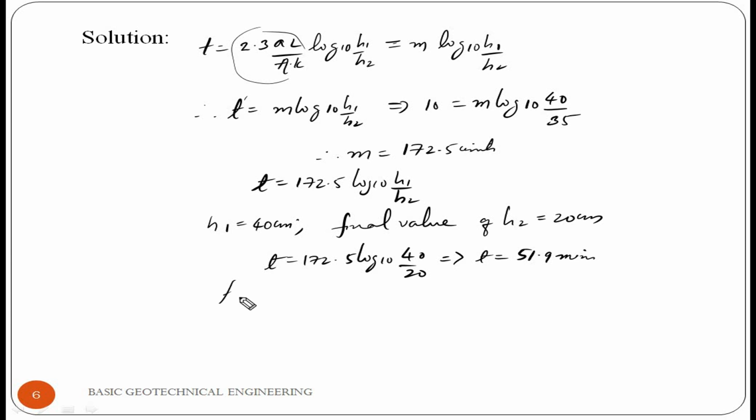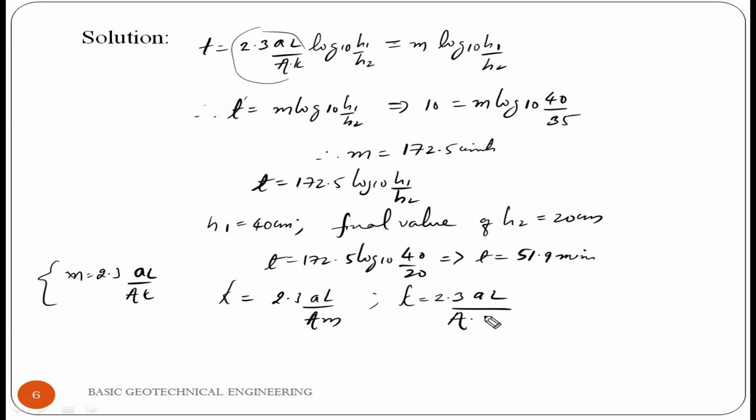So now K is equal to 2.3 aL divided by A into M, because M we know is 2.3 aL divided by A K. So here K is equal to 2.3 aL divided by A into 172.5, or K is equal to 2.3 into a, which is 0.5, into 6 divided by 50 into 172.5.